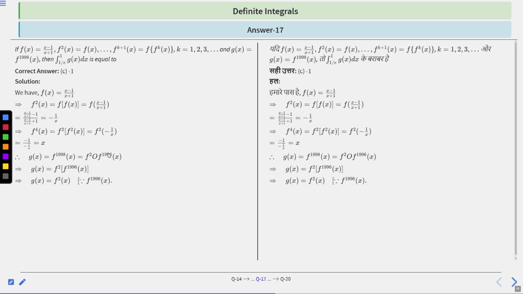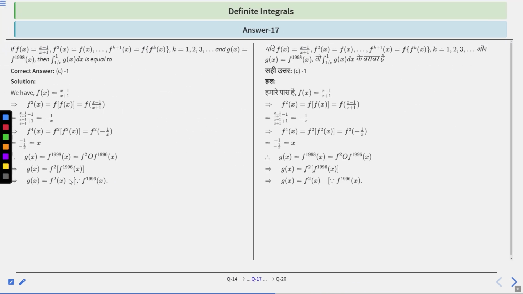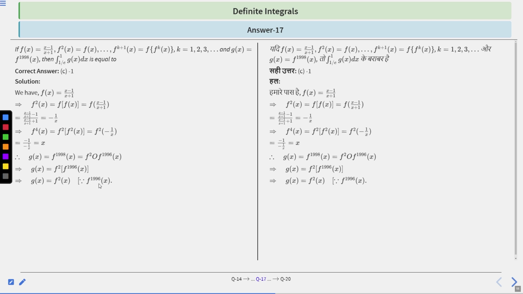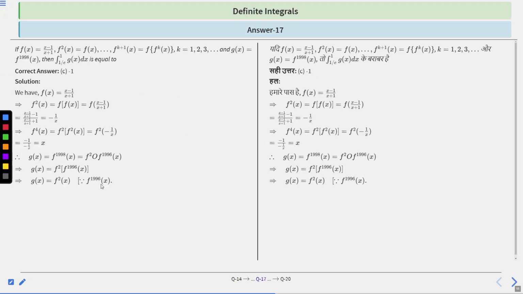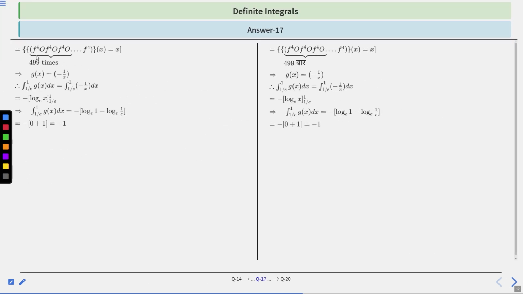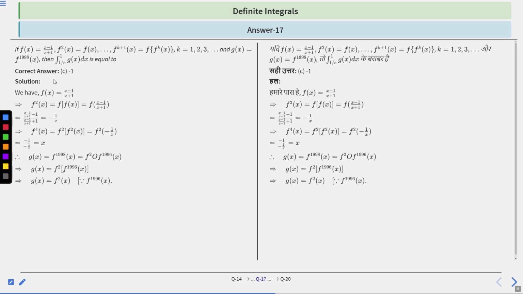f² of f^1996(x). Therefore, g(x) is equal to f²(x), since f^1998(x) is equal to f² of f^1996(x), and f^1996(x) is basically f⁴ of f⁴ of f⁴ ... of x, which is equal to x, and it is 499 times, because f⁴(x) is basically x.